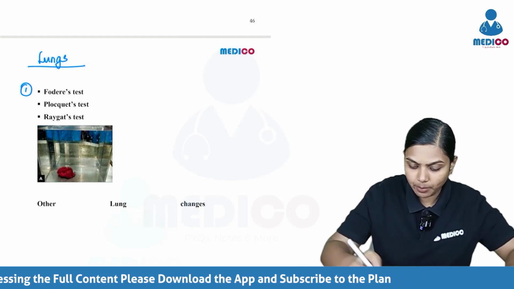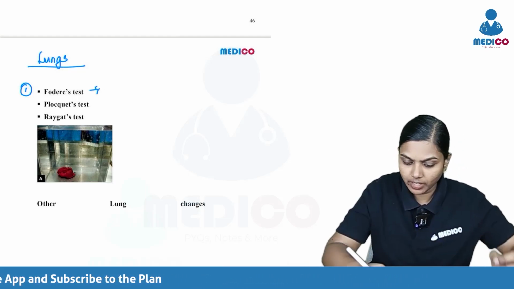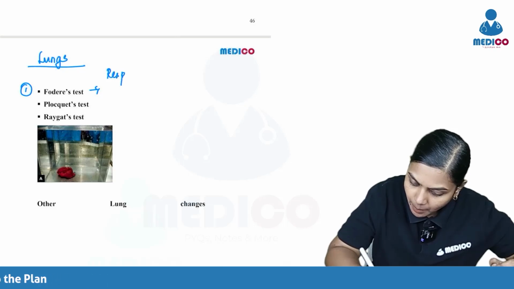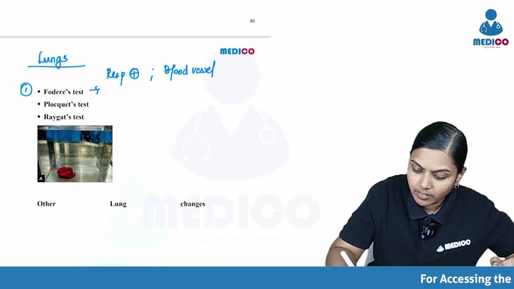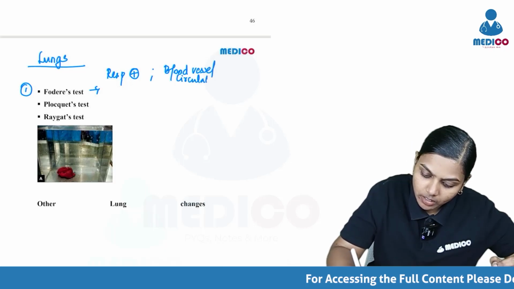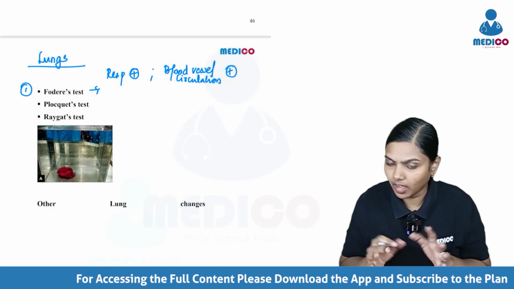Here, once respiration happens, there will be circulation, and there will be blood inside the blood vessels in the lung.